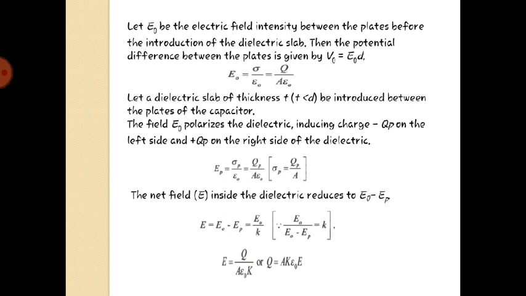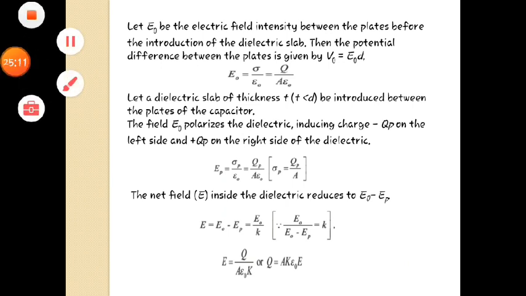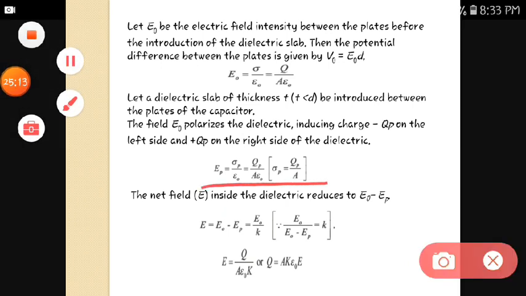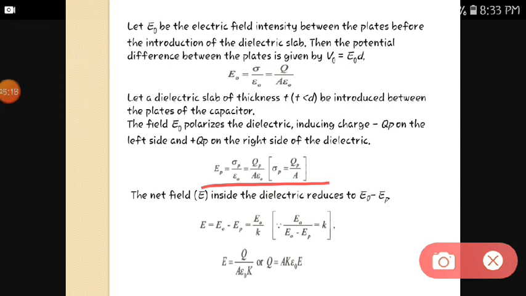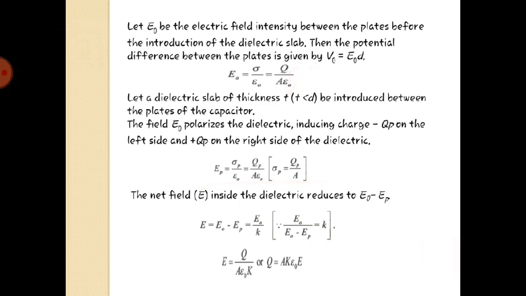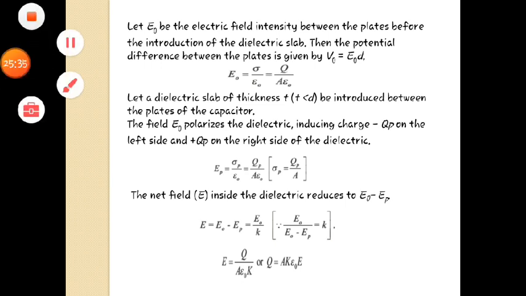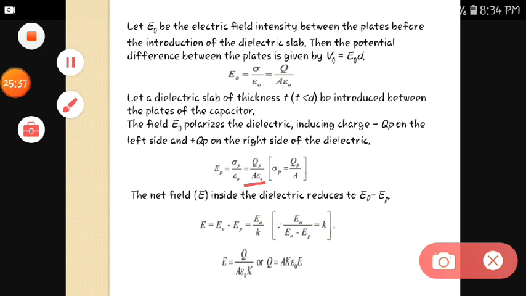Okay, so let's move forward so that we can derive the formula. Here, EP will be nothing but sigma p divided by epsilon 0, where instead of q, you write qp. That will be the polarizing charges which got polarized. So the equation which you get is qp divided by A epsilon 0.